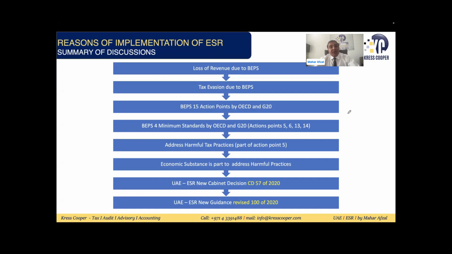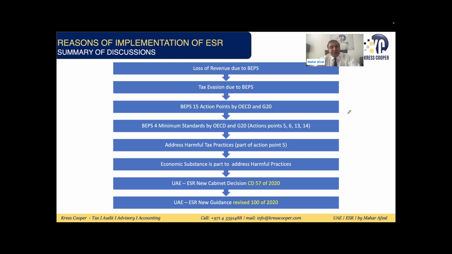Out of these, 4 action points were required to be implemented by each member country of the OECD. ESR is a part of addressing harmful tax practices, which is point number 5. Economic substance is part of the harmful practices. The UAE's new Cabinet Decision 57 of 2020 was introduced, and new revised guidance was introduced as well, which was 100 of 2020. So this was the reason.